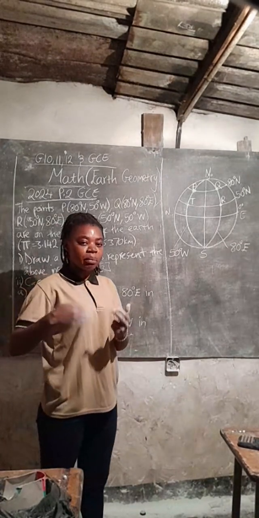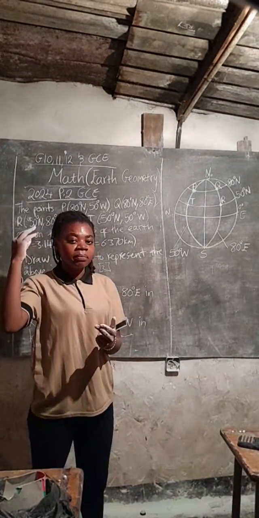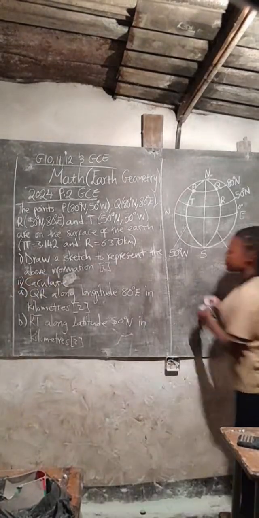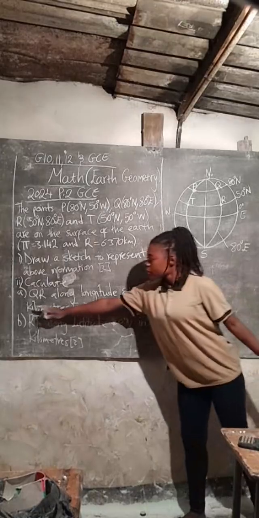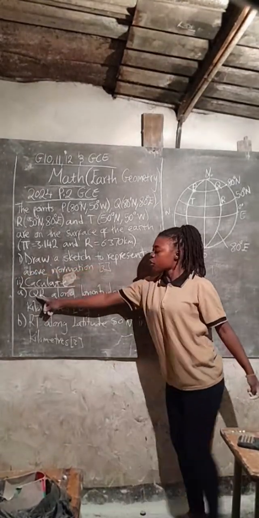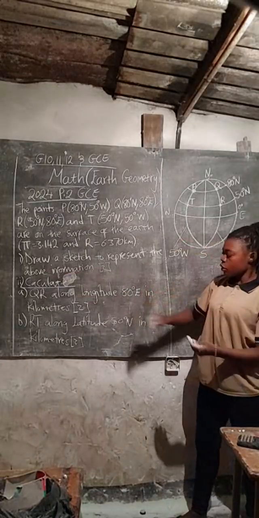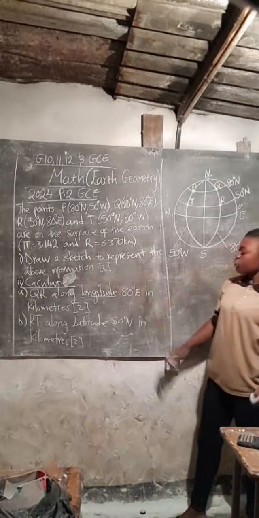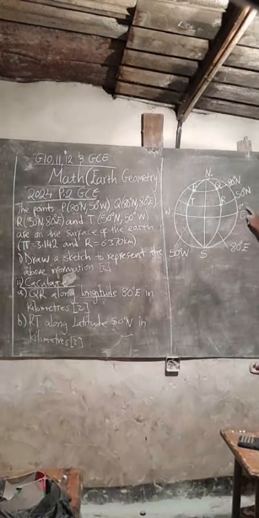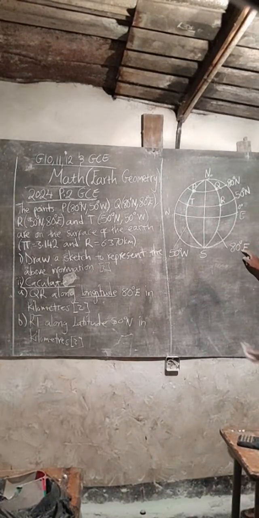But I was explaining points on the same longitude, which is simply the great circle. So they're saying calculate QR along longitude 80 degrees east in kilometers.